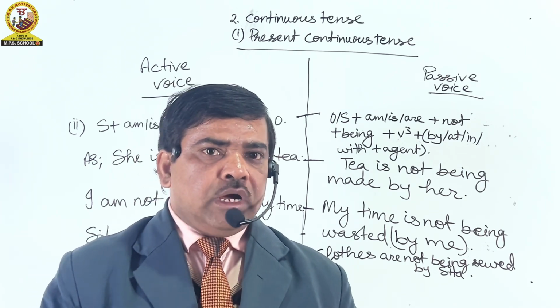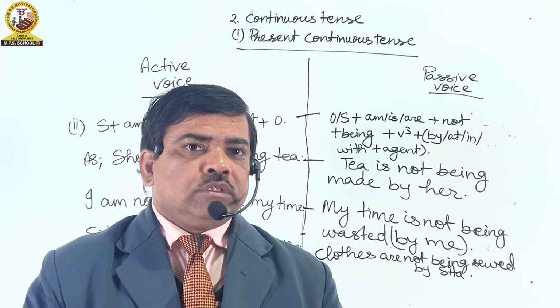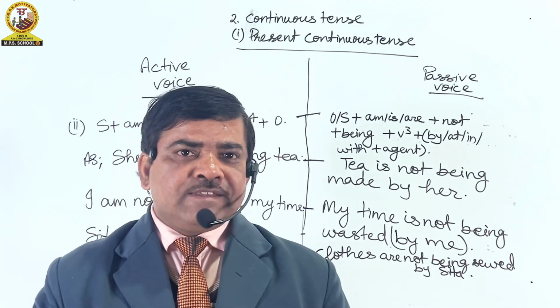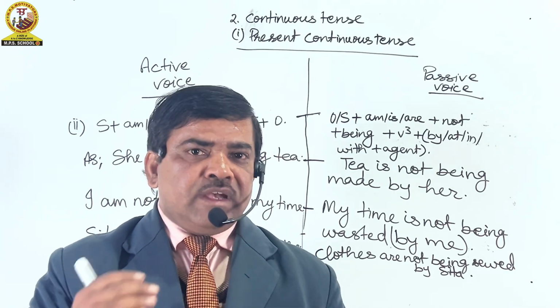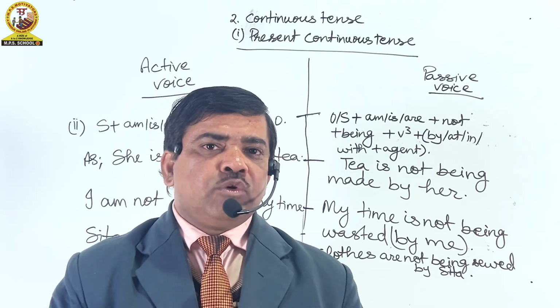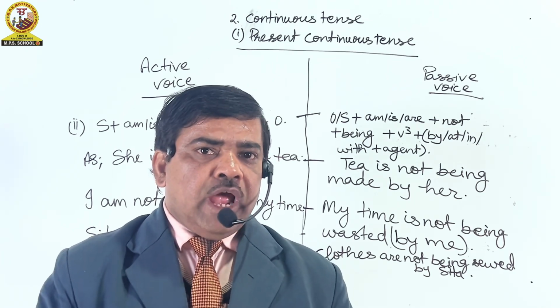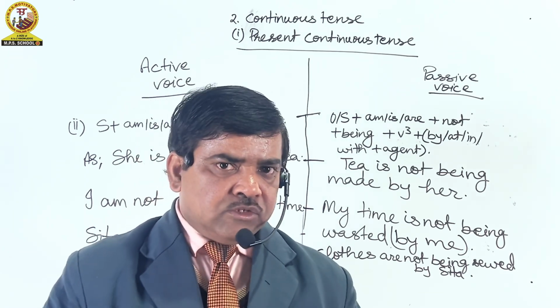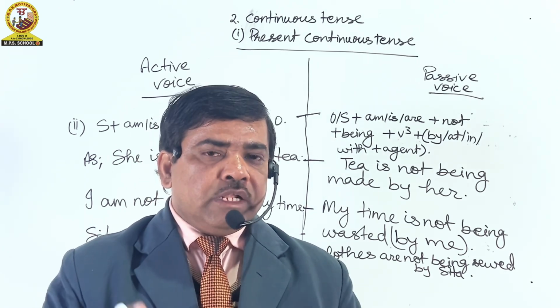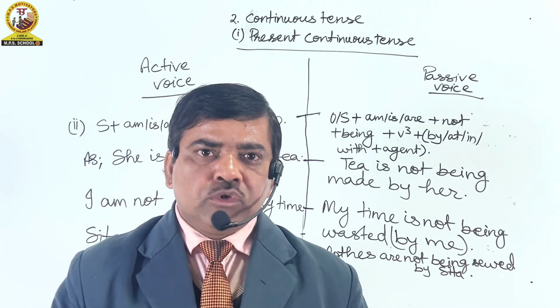And the remaining formula of this tense in active voice and passive voice will be taught to you by me in the next session. Till that time you can go on revising whatever I have taught you, and you can practice making sentences.